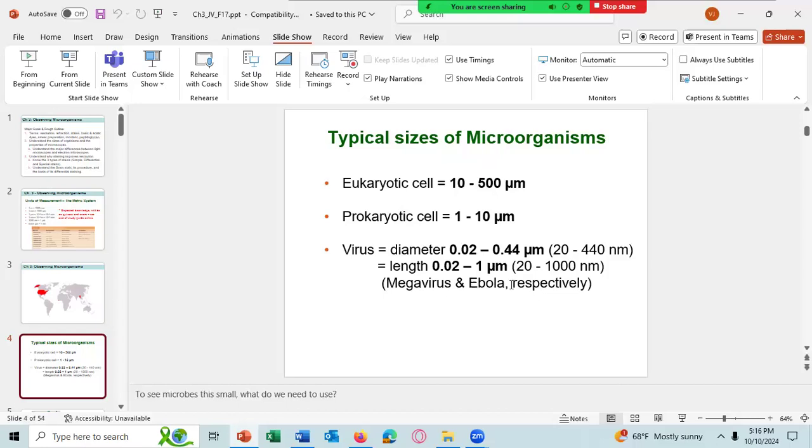And then the smallest virus we'll talk about is actually, drawing a blank now on what it's called. Jeez. Ah, it's coronavirus. What the heck is that?